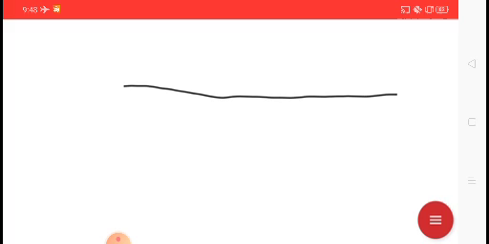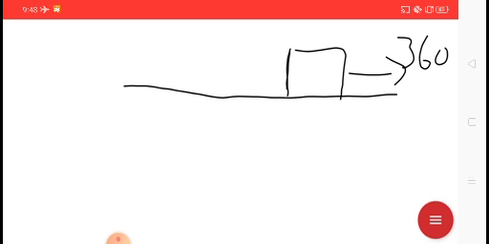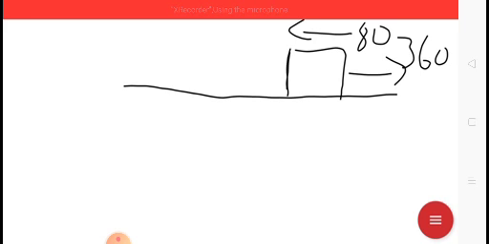So normally we will draw a diagram. Okay, first, this is the car, right? So you have a 360 newton driving force. Don't forget you have a resistance of 80, and you connect by a tow bar, so you have a tension here.